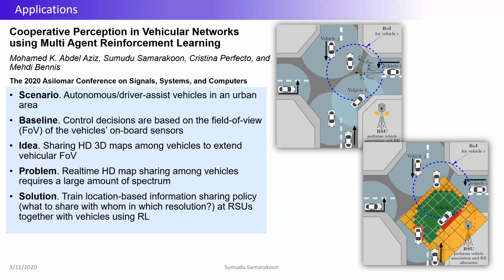So the solution is to train a policy that allows the roadside units to allocate the resources among vehicles and ensure the connectivity among the vehicles, which says what information has to be exchanged with each other and with which resolution.